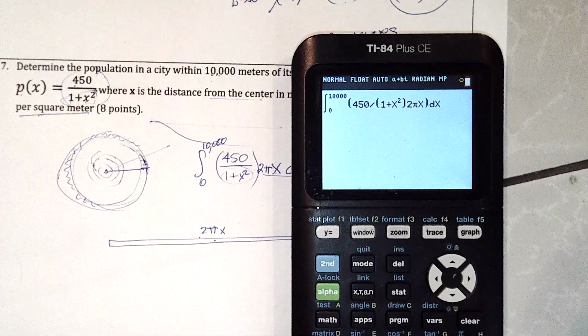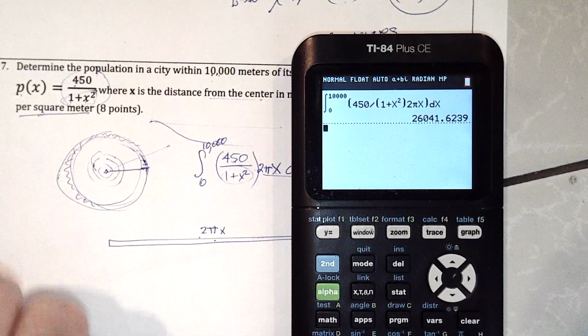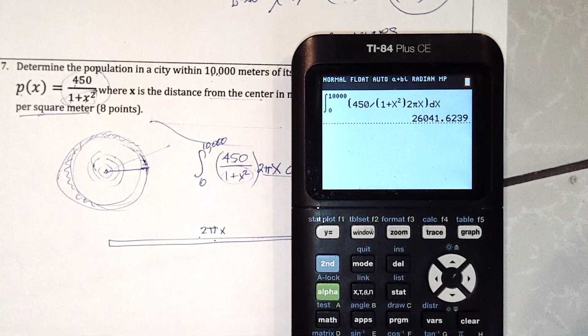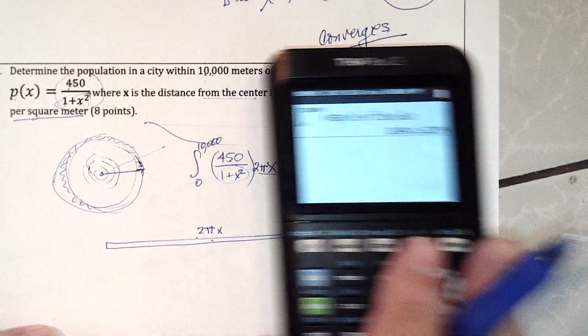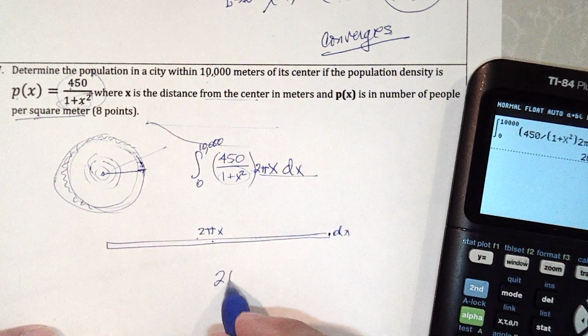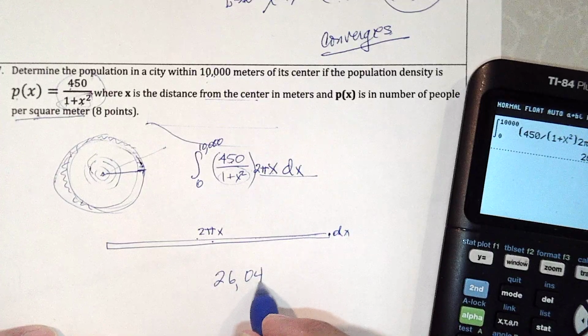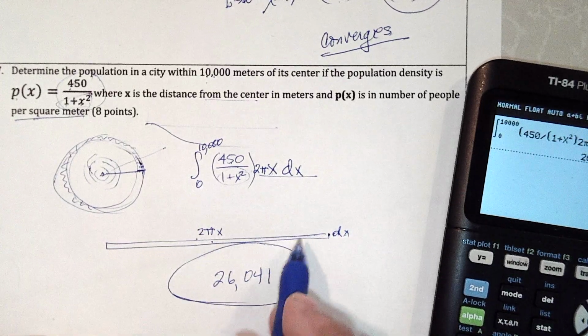And there are 26,000 people within 10 kilometers of the center. 26,041. At least that's what the model predicts.